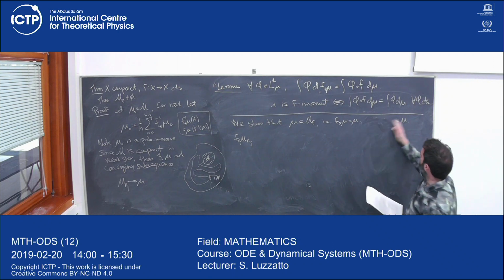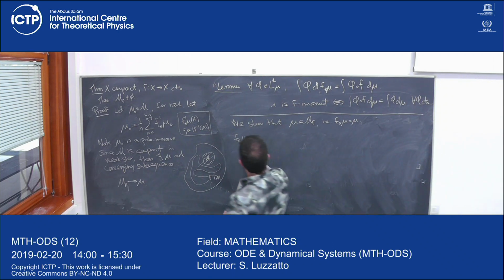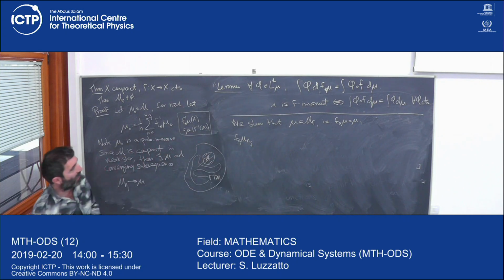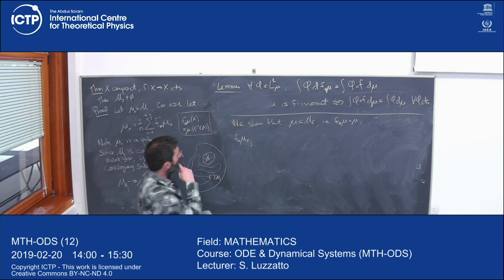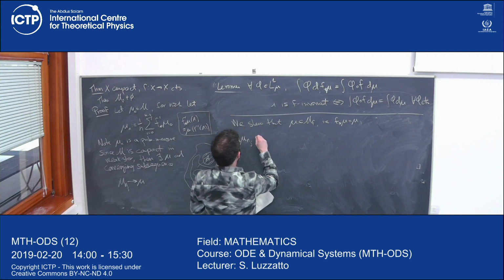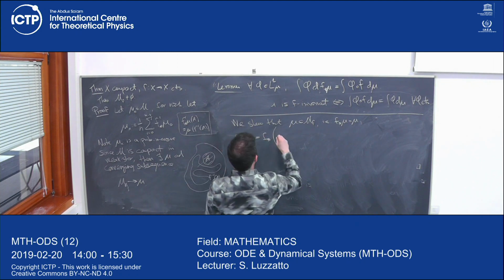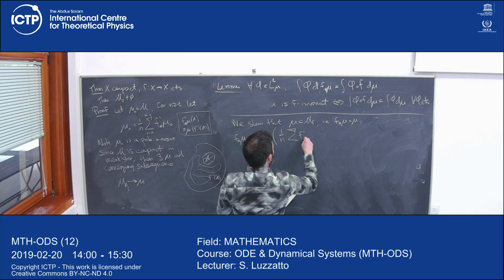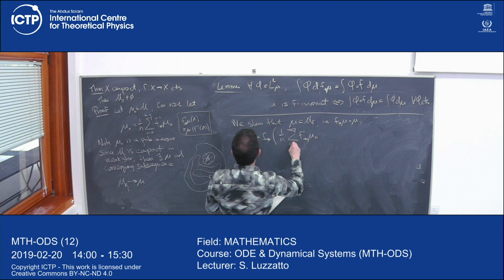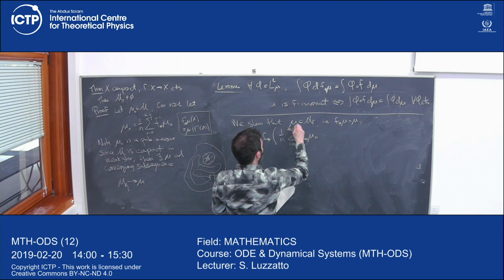Well, let me say this one after we've done this calculation. So let's calculate F star of mu and j. So we take F star here, okay? And this is by definition equal to F star of the definition of mu and j, which is this, 1 over n, the sum of Fi star mu 0, i equals 0 to n minus 1.